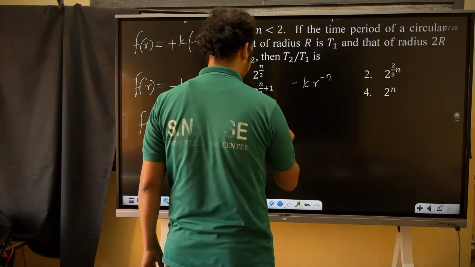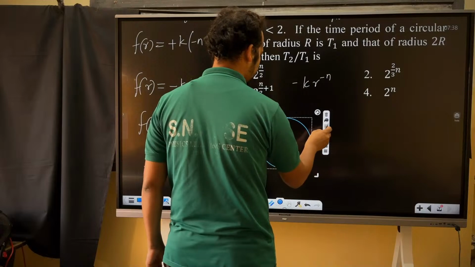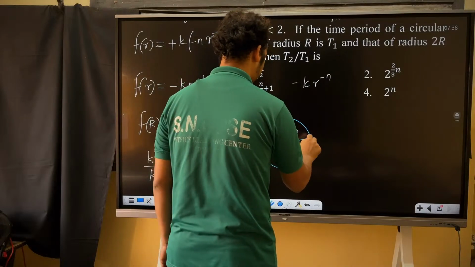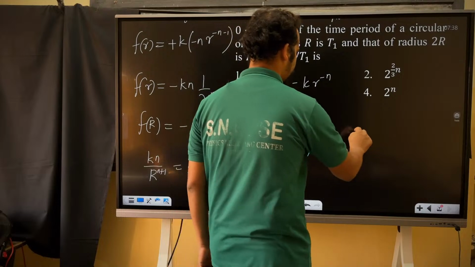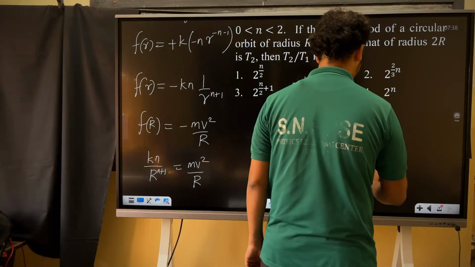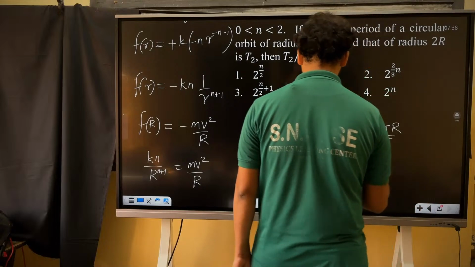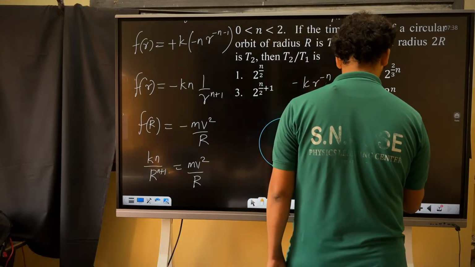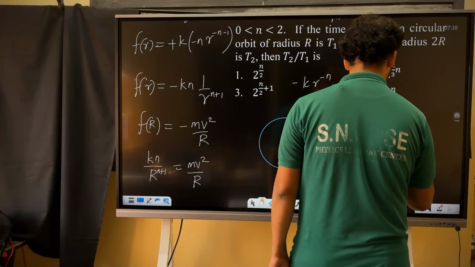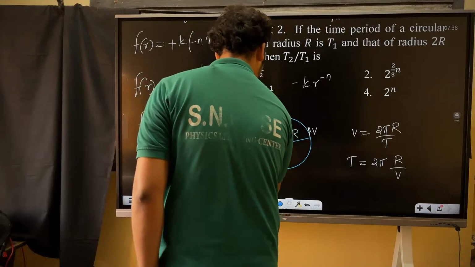Since again it's a circular orbit of radius r and speed v, that speed v can be written as 2 pi r divided by time period. So time period is equal to 2 pi r by v, isn't it? Now you just work out proportionality here.